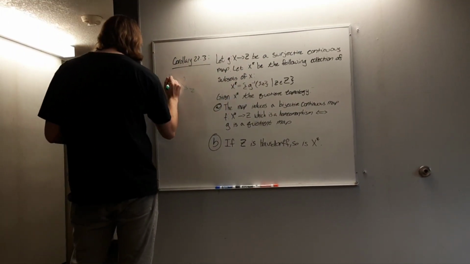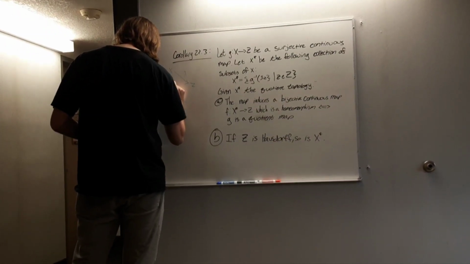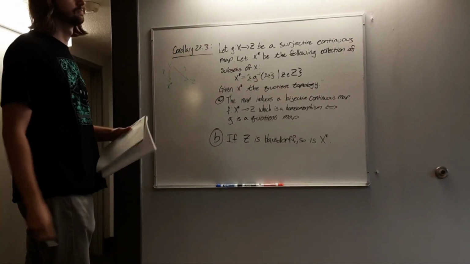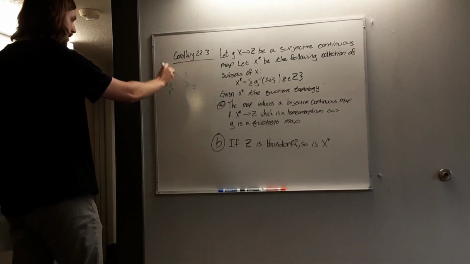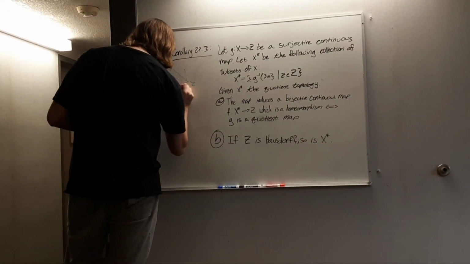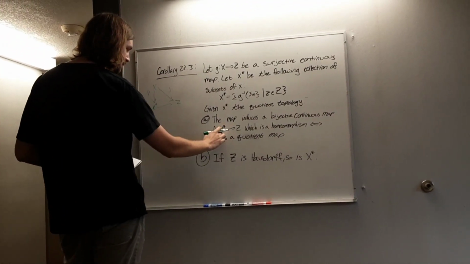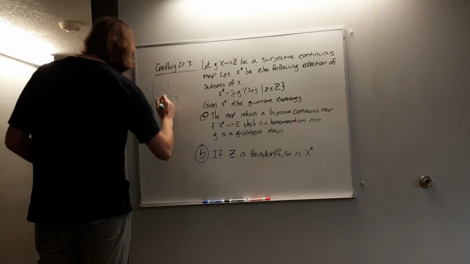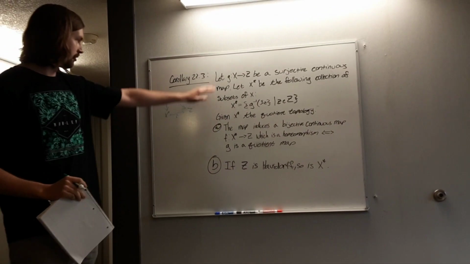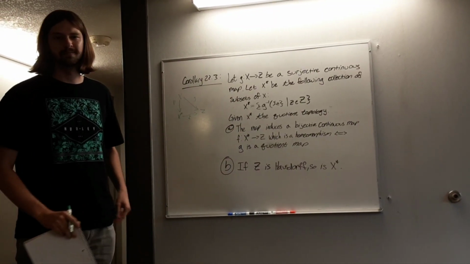We can also have X go to the partition of X, from the definition of quotient space, where we had a projection map P that brings X to the partition of X. And then from F, which is right here, the partition of X goes to Z. It's just another easier way to visualize what's going on inside this corollary. But yeah, that's corollary 22.3.